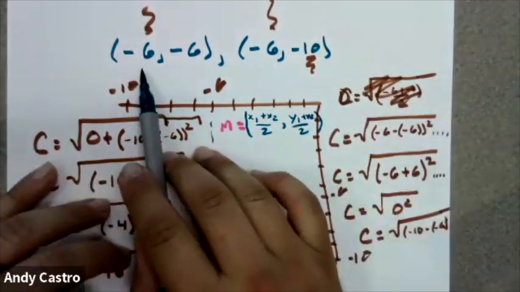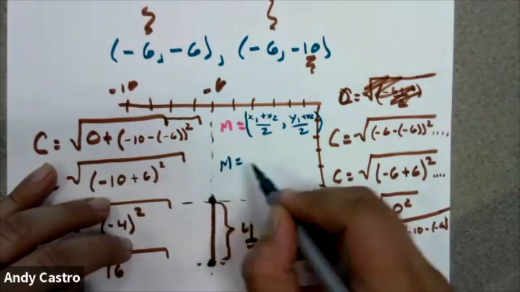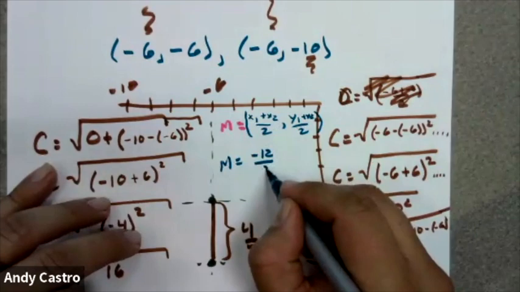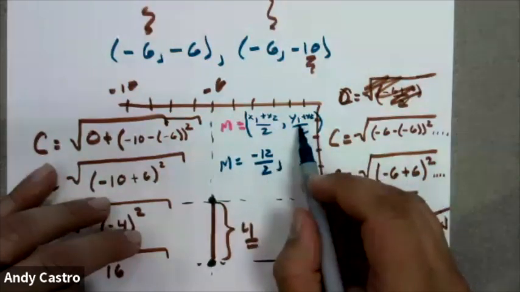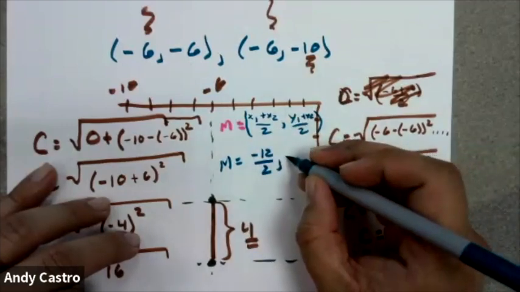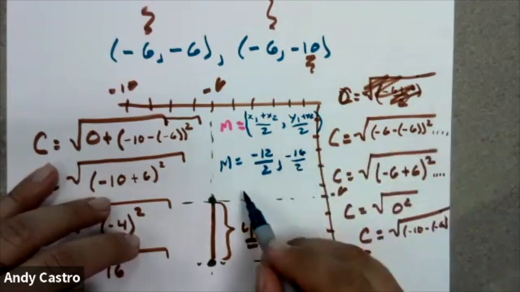So this is -6 plus -6. That's going to be -12 divided by 2. And then here, y1 -6 plus -10. It's going to be -16 divided by 2.